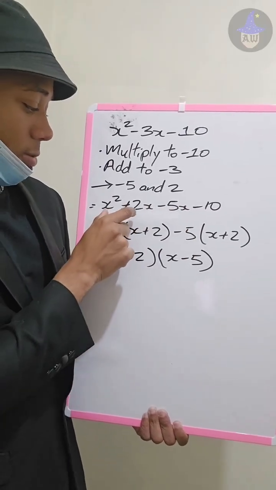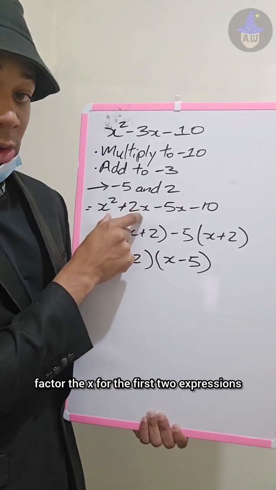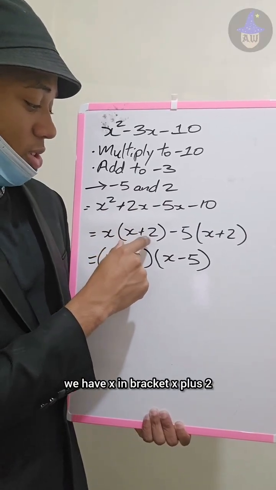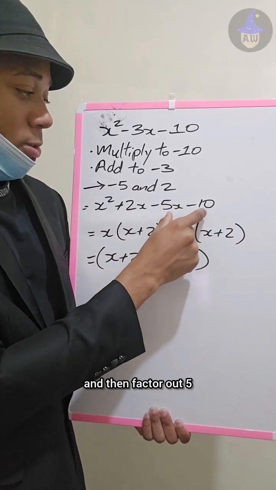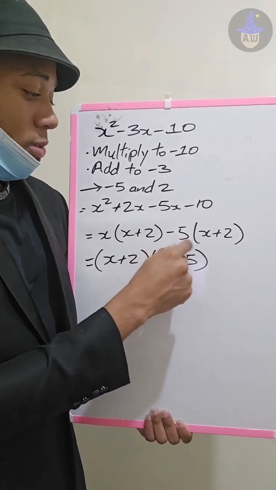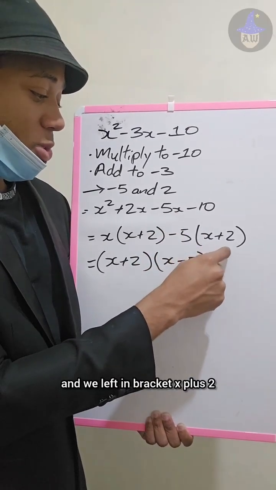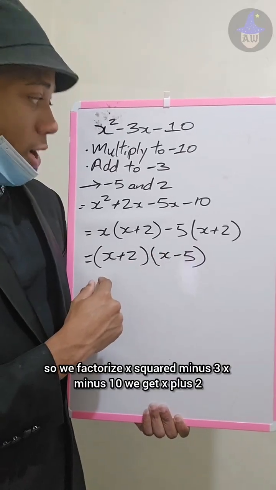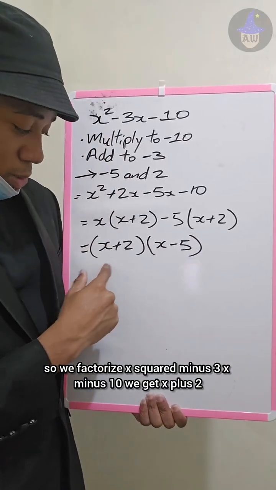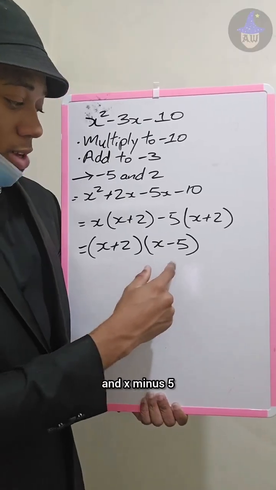Factor the x from the first two terms. We have x in bracket x plus 2. And then factor out 5 in the next two terms, negative 5, and we're left with x plus 2 in bracket. So when we factorize x squared minus 3x minus 10, we get x plus 2 and x minus 5.